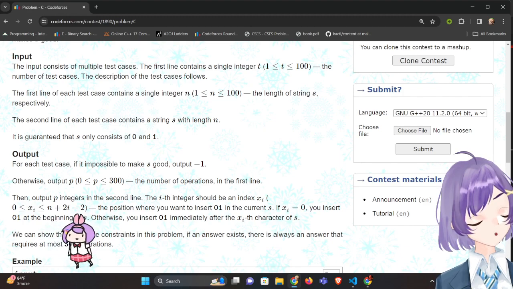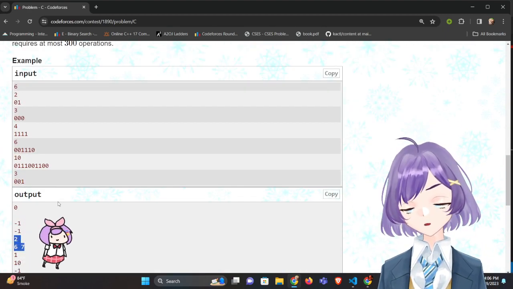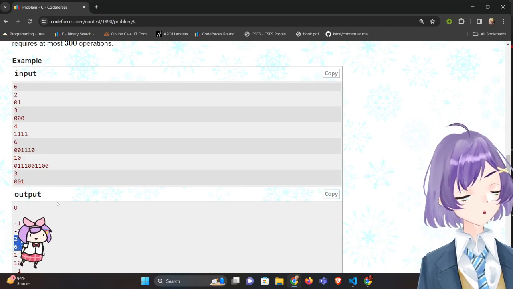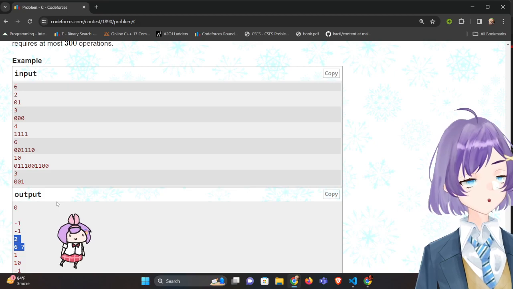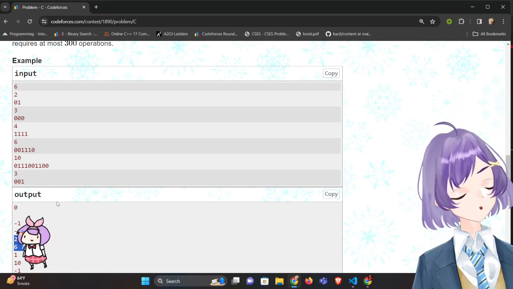0 1 2 3 4 5. No, I think the numbering starts from 1. 1 2 3 4 5 6. 6 and 1.